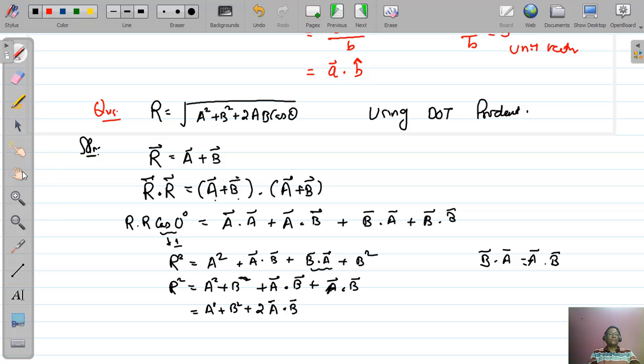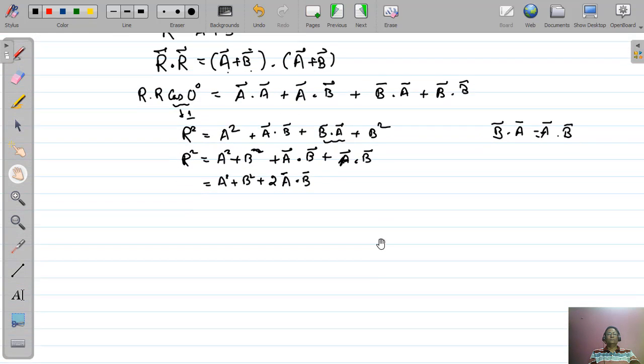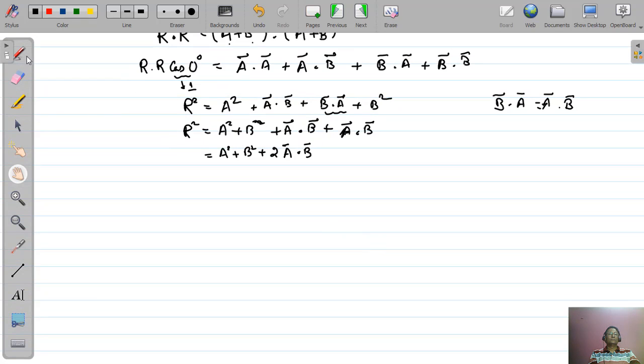Now we expand it. It will be equal to a square plus b square plus 2ab cos theta by definition of dot product.